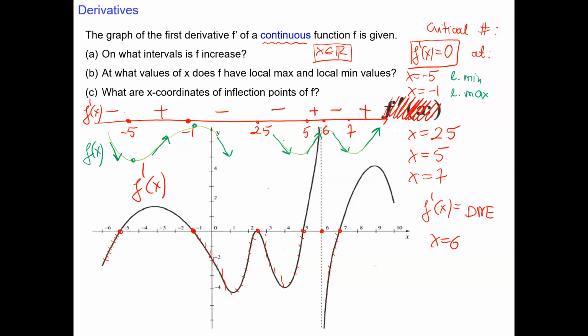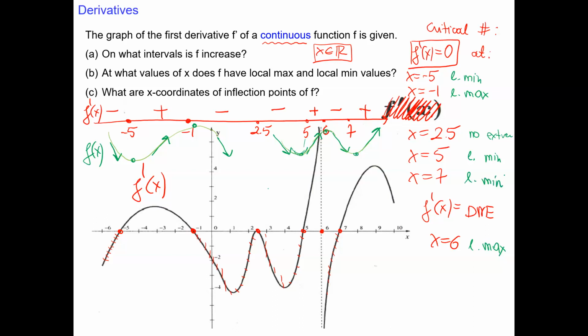It's a horizontal tangent because the derivative is 0, but no extreme values. At 5, it's a local minimum. At 6, this is interesting, local maximum. And at 7, local minimum.